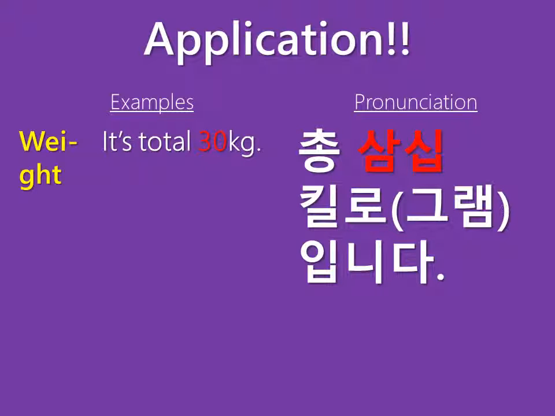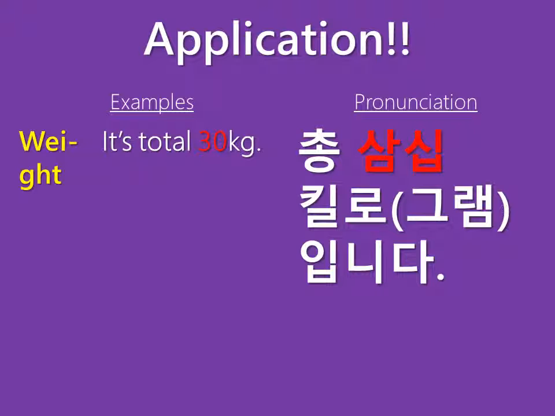Weight. Say a security officer or someone from the mart asks how much your baggage weighs, because you are about to send it off to another country, and you want to say it's total 30 kilograms. Then you say 총, which means total, 30 kilogram.